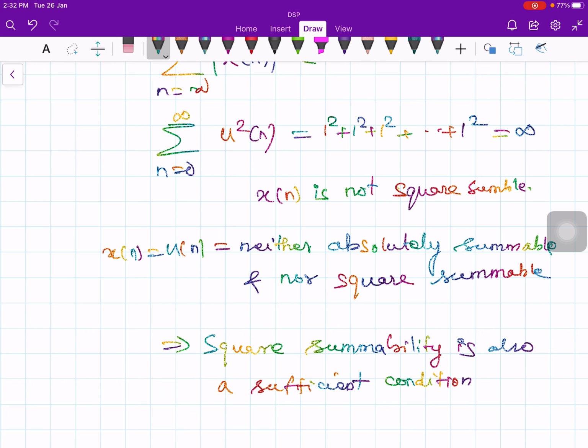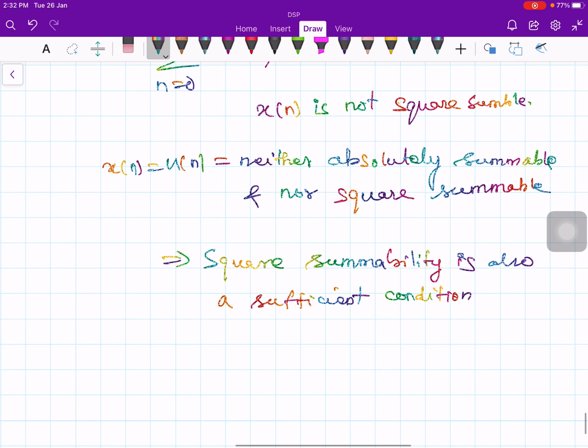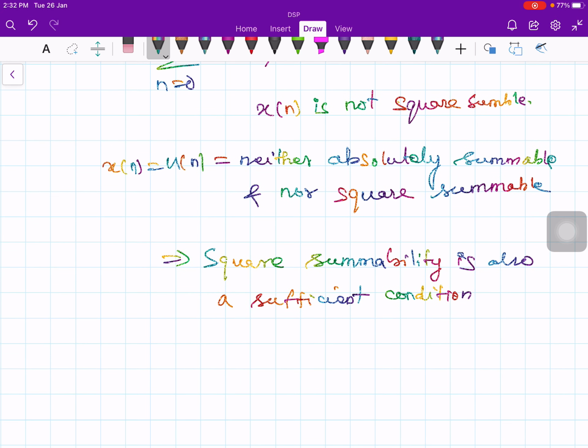Absolute summability is a sufficient condition, and square summability is also a sufficient condition. There are sequences which are neither absolutely summable nor square summable, and for them also the DTFT exists. So this x of n equal to u of n has a DTFT. You can find it out.